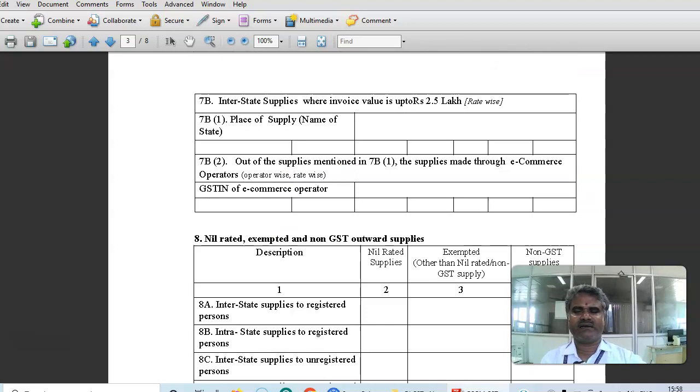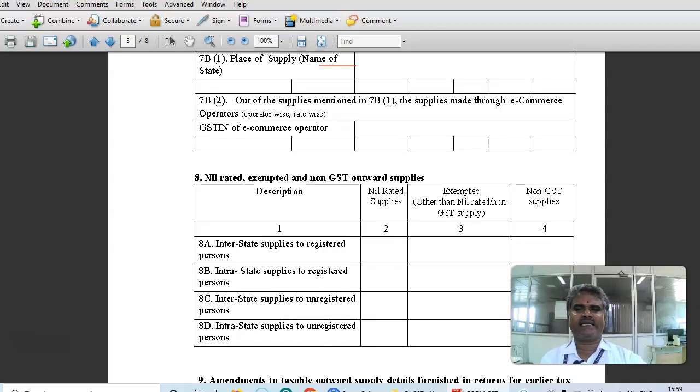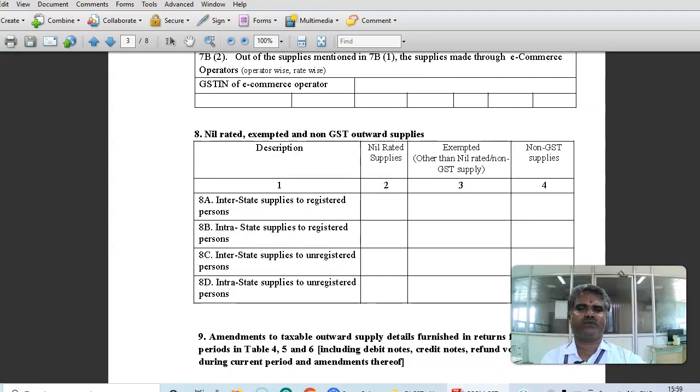Then 7B, out of the supplies mentioned, the place of supply name, everything. 7B interstate supply where invoice value is up to 2.5 lakh. Then 8, nil rated, exempted and non-GST outward supply.